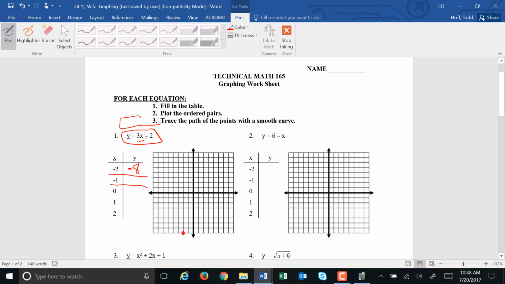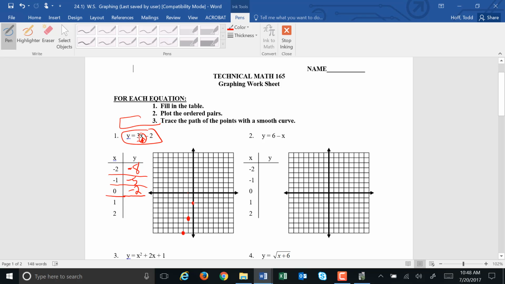If x is negative 1, you'd put negative 1 in there for x. 3 times negative 1, negative 3 minus 2, negative 5. So x is negative 1, y is negative 5. It's right there. If x is 0, you put 0 in for x. 3 times 0, 0 minus 2, negative 2.